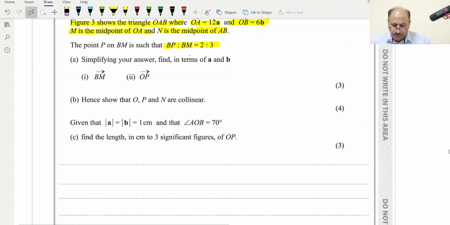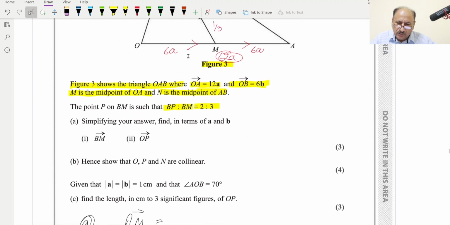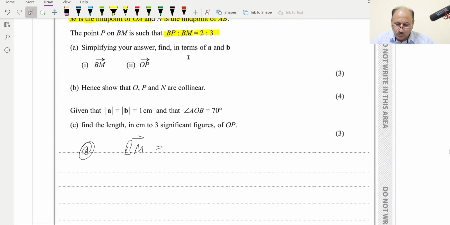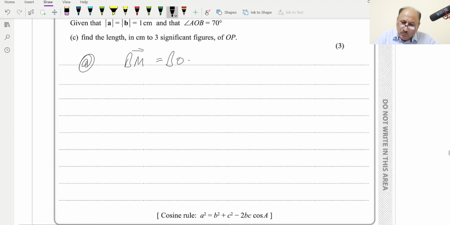BM vector will be equal to BO plus OM, and this will be equal to minus 6b plus 6a.